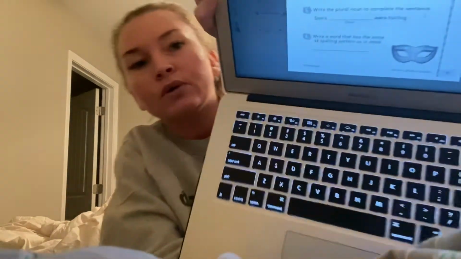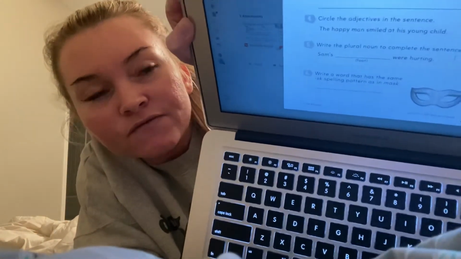Write the plural noun to complete the sentence. So plural means more than one. Singular, you're single, you're by yourself. Plural, you have 2 or more. Sam's blank were hurting. So if you'll look underneath in parentheses, it says Sam's foot.